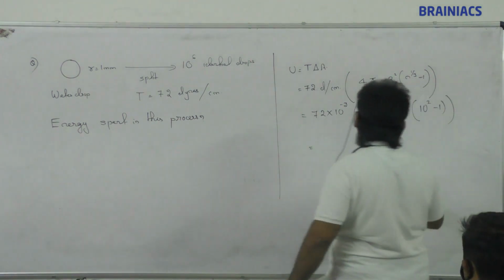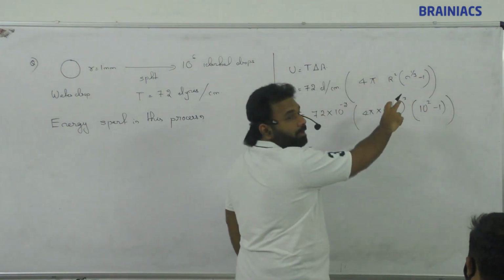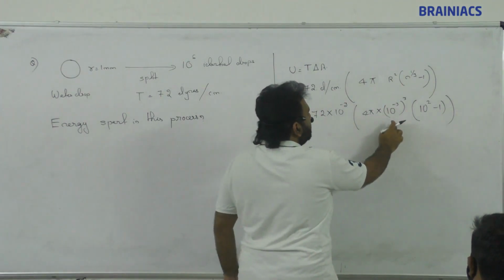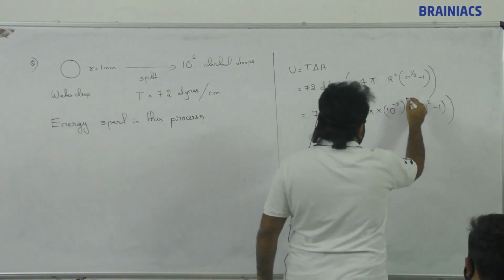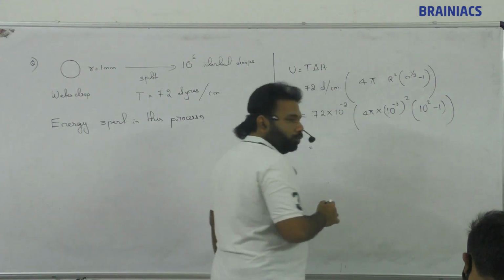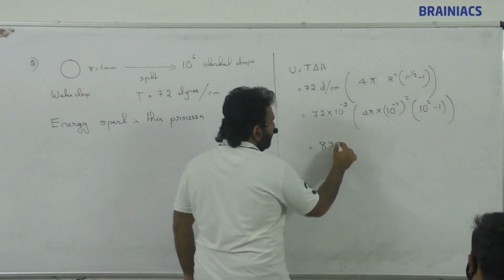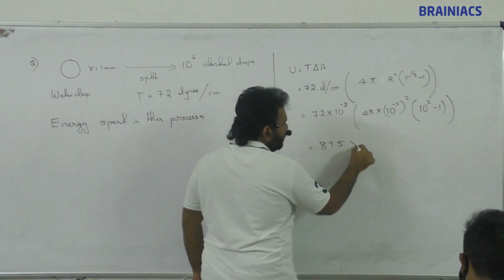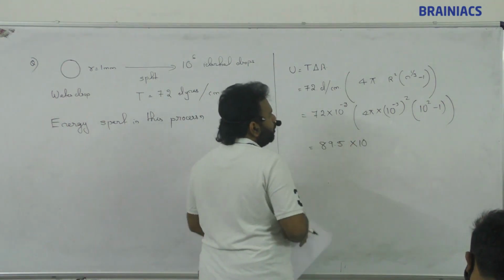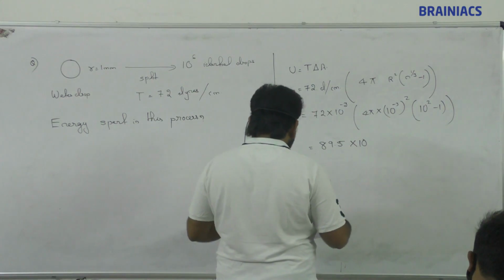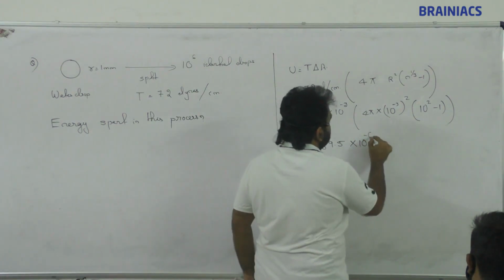10 to the power, all power 2, right? Now are you getting this answer? 89.5 into 10 raised to minus something joule. This is the final answer.